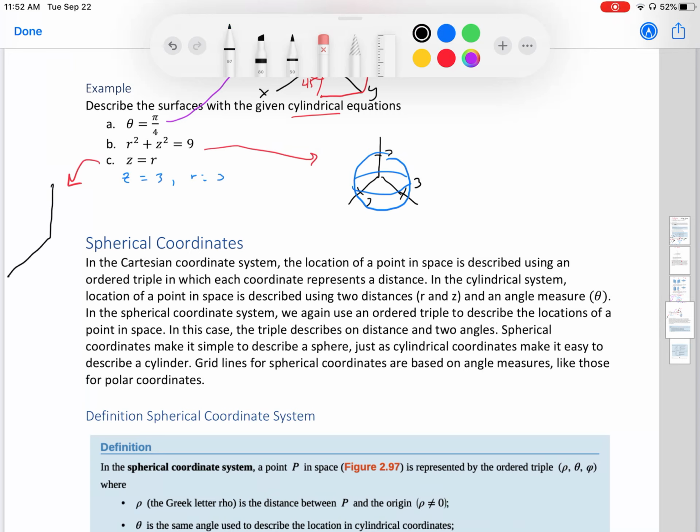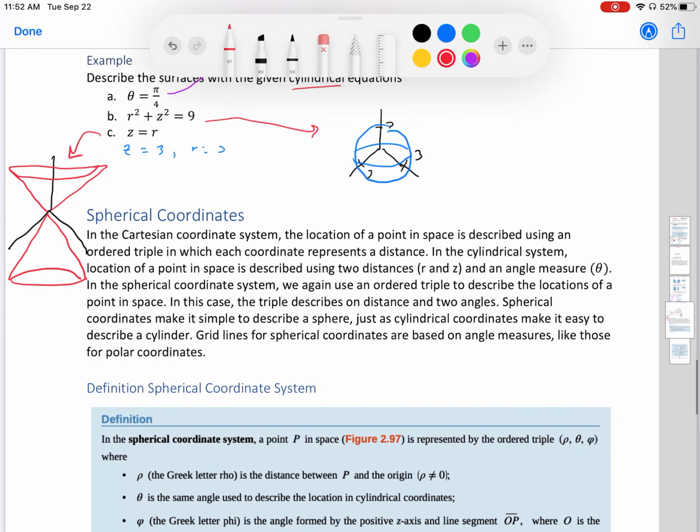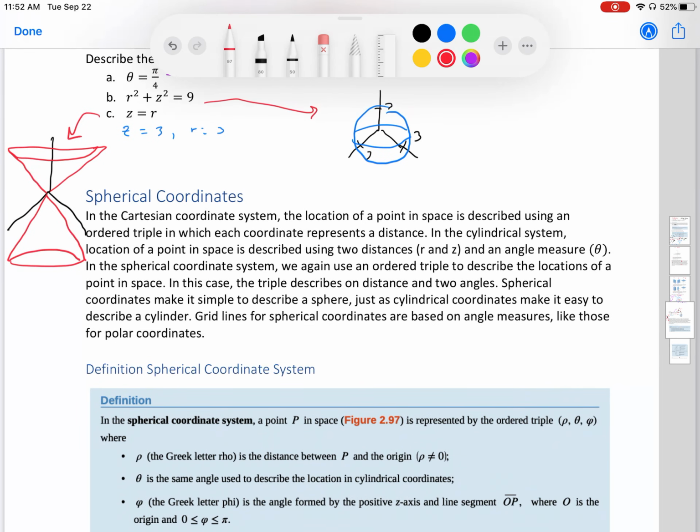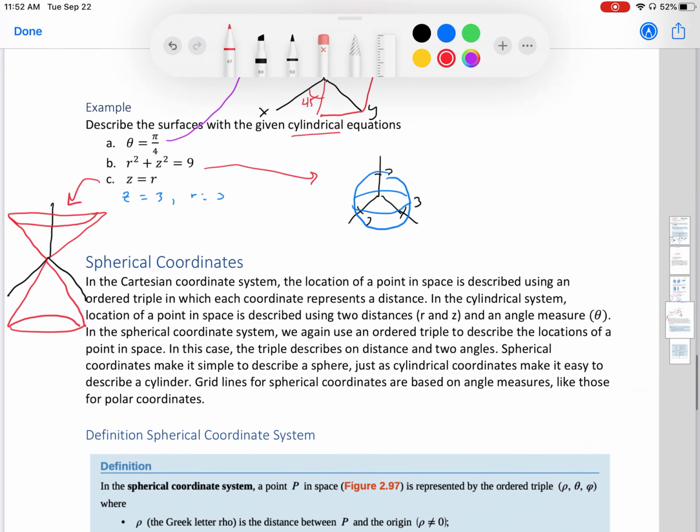So if we go ahead and graph it, we're having a cone extending this way and a cone extending that way. These are how these equations translate to the cylindrical equations.